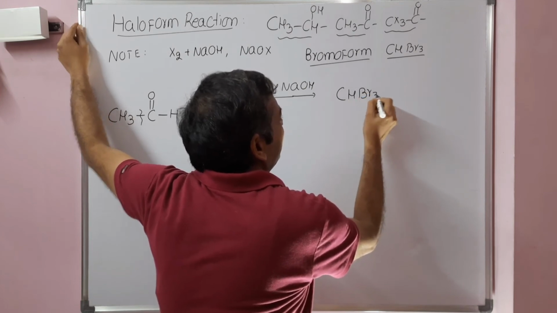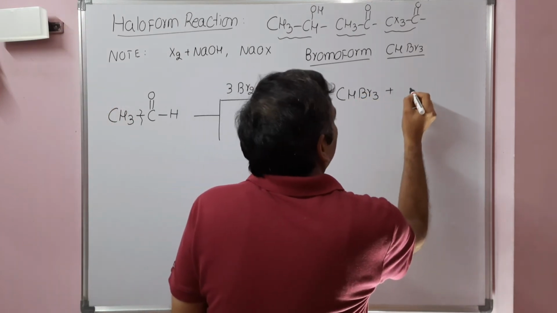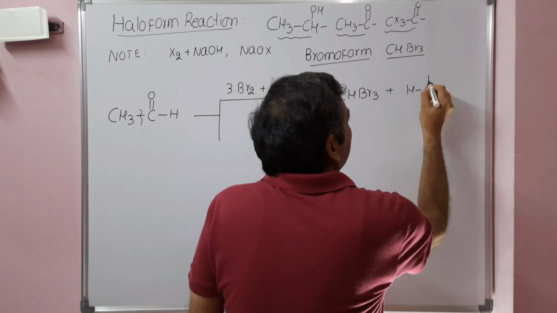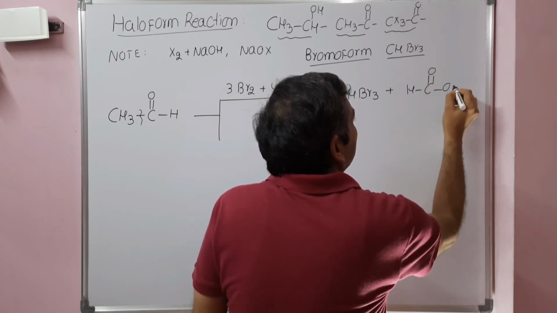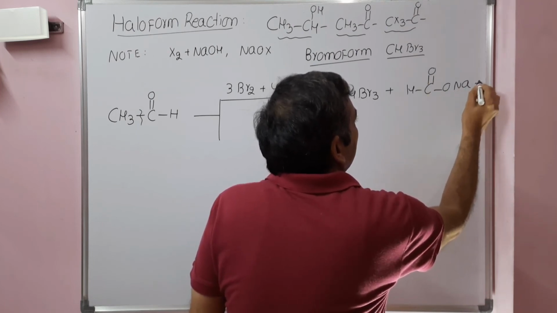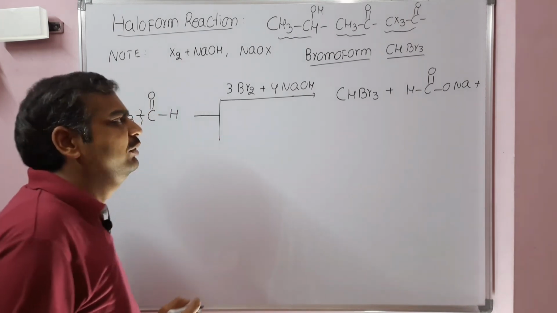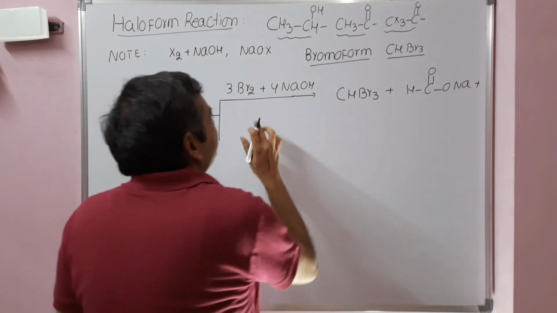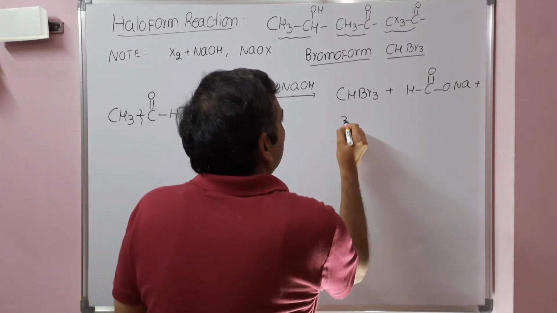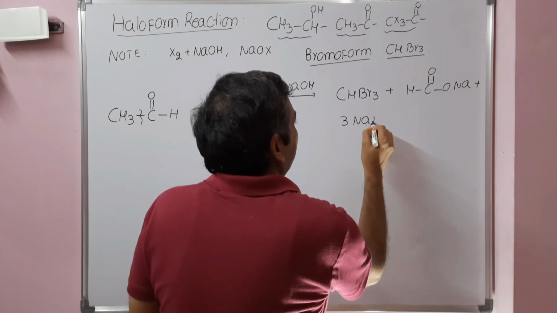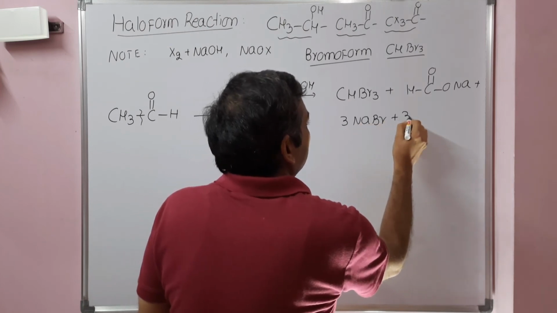See the way of writing, very important. 1 mole of sodium acetate, CH3COONa. For any doubt, you can check the previous video for the complete mechanism. And 3 moles of sodium bromide and 3 moles of water.